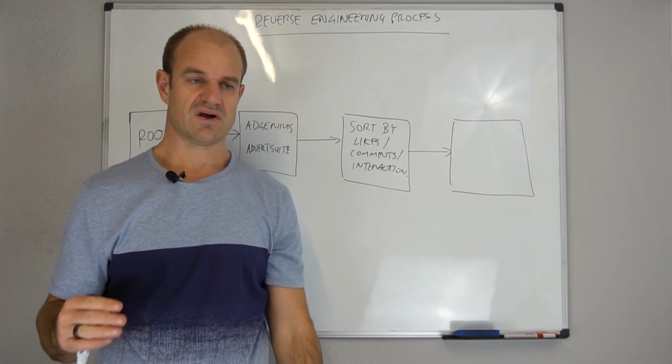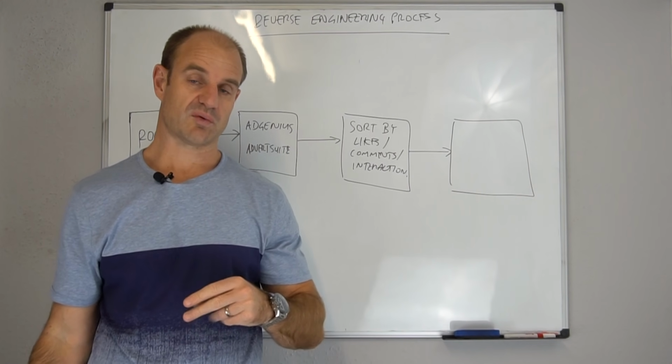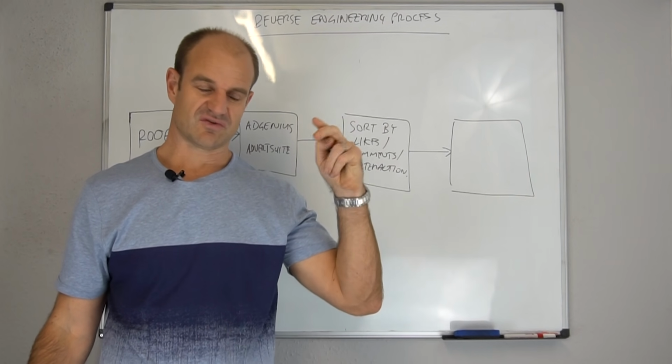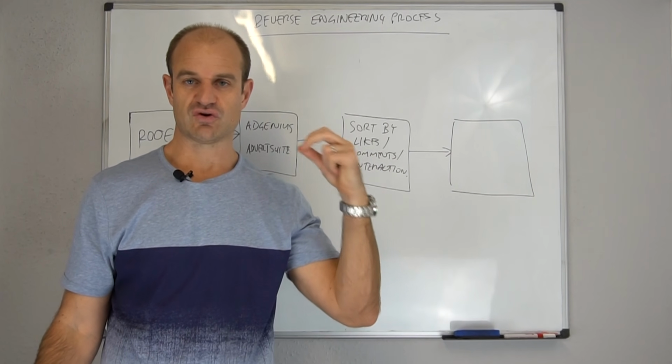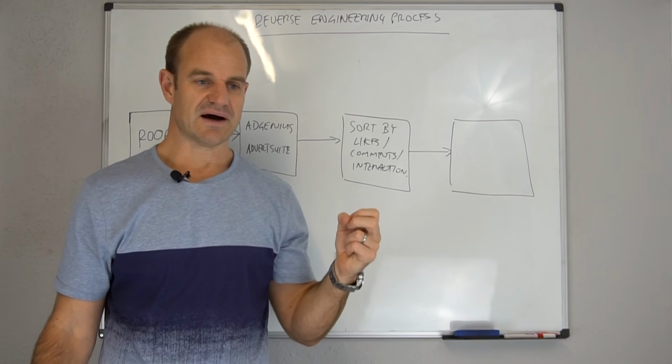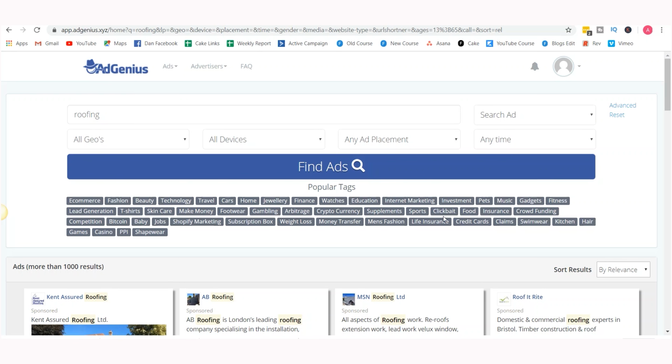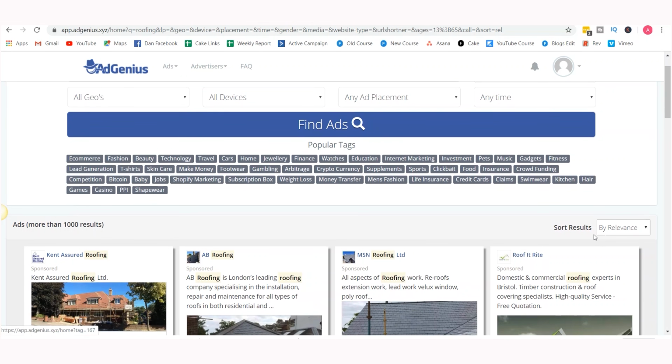Some of them are not related, some of them are, and if you sort by likes and comments, you'll see the ones that are getting the most clicks, the most traction, the most views, the most shares, and they're the ones that you know have a significant amount of ad spend on them.